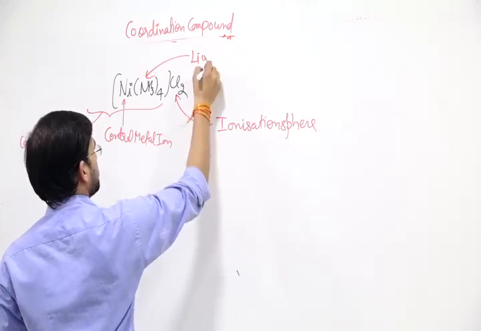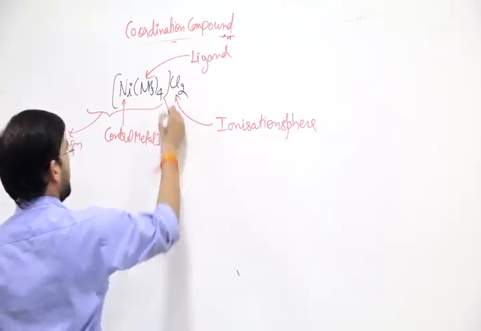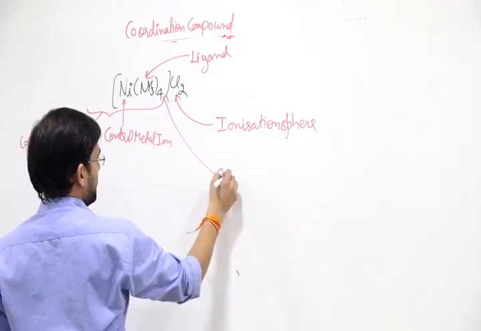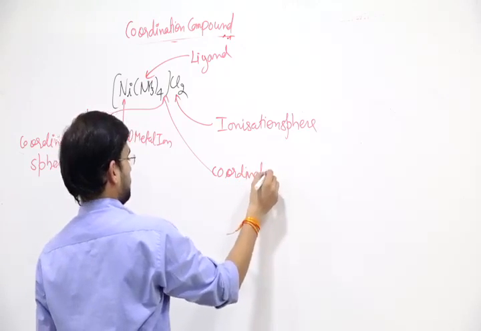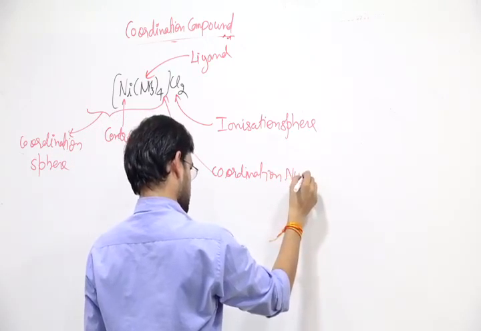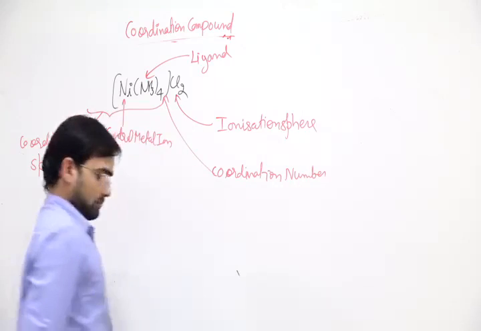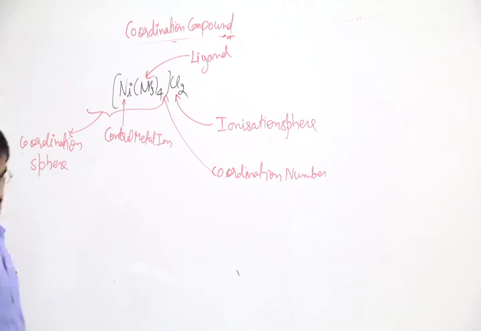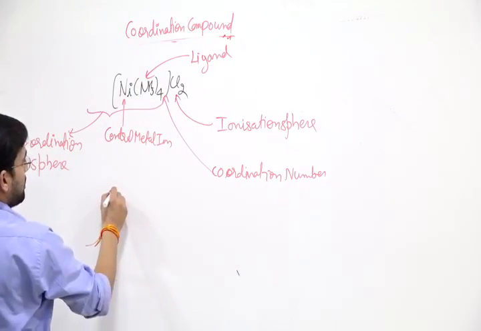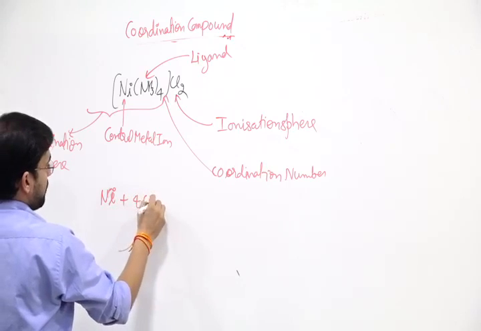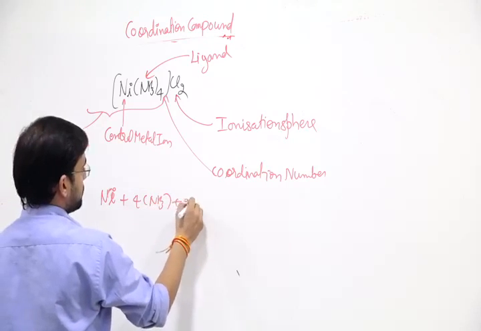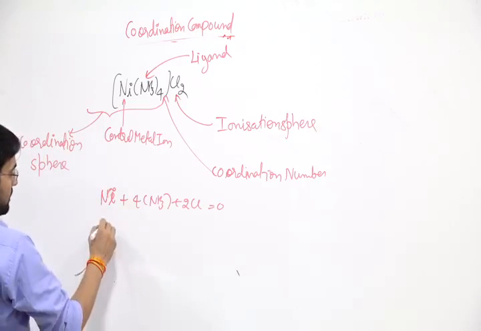NH3 is the ligand, 4 is the coordination number, then oxidation number. So we write nickel plus 4 NH3 plus 2 Cl equals 0.